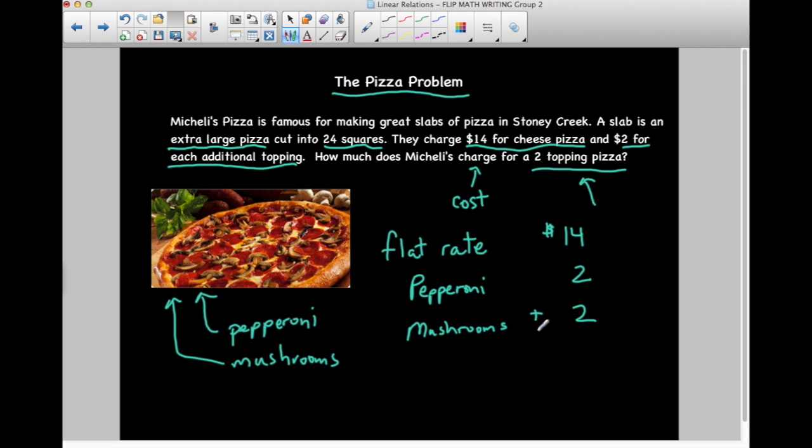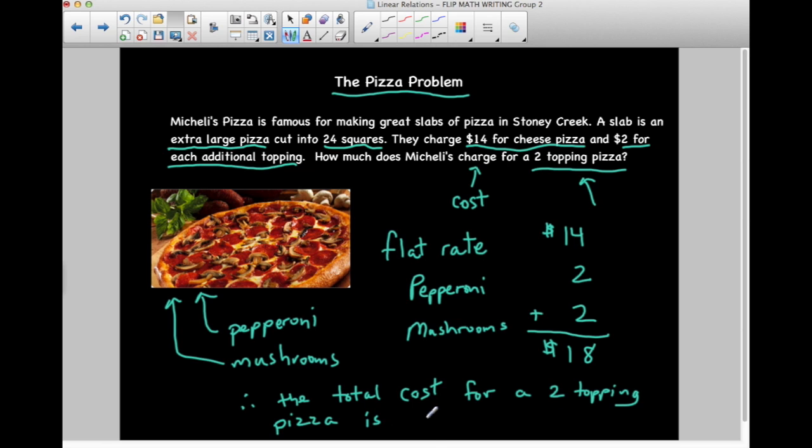What is the total cost of our pizza? Well, 14 plus 2 is 16, and 16 plus 2 is 18. The total cost of our pizza is $18. Therefore, the total cost for a 2-topping pizza is $18.